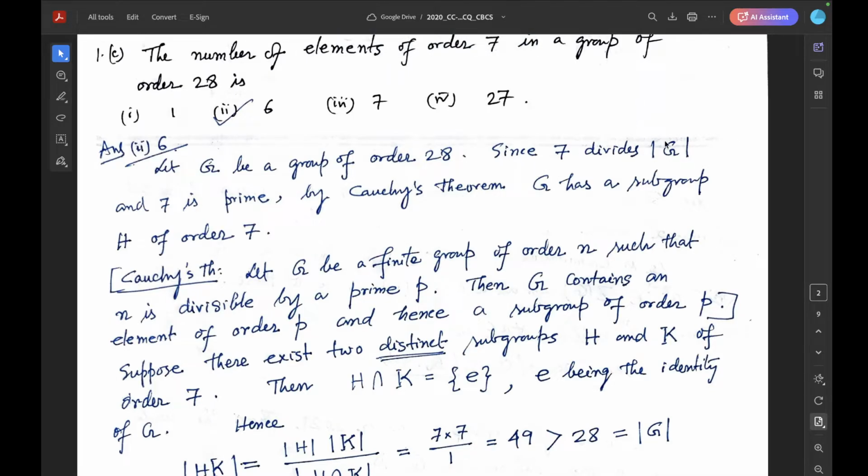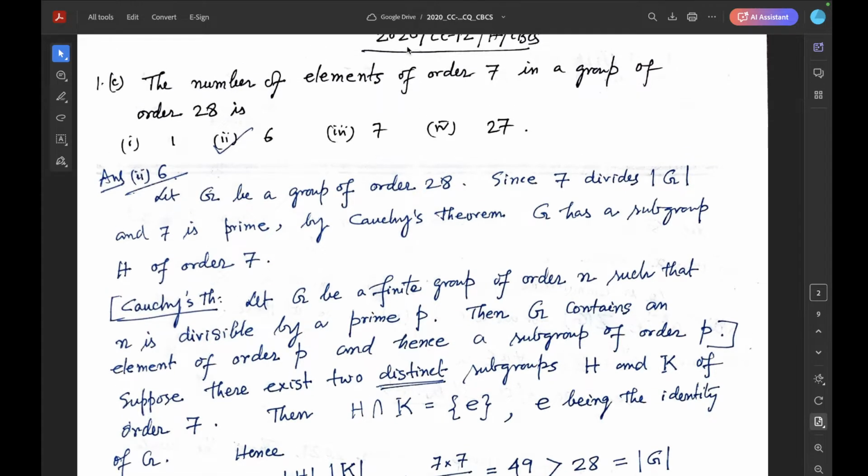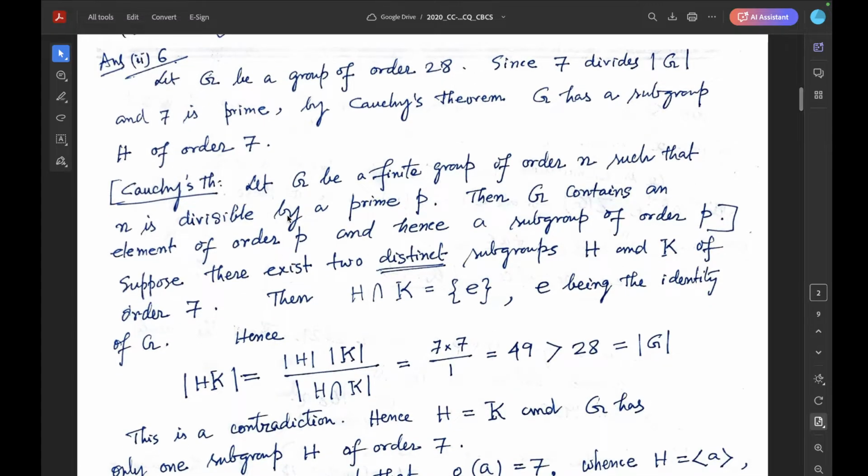Since 7 divides 28, and 7 is prime, by Cauchy's theorem, G has a subgroup H of order 7. What is Cauchy's theorem? Let G be a finite group of order n such that n is divisible by a prime p, then G contains an element of order p and hence a subgroup of order p.